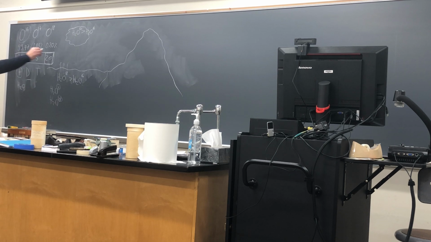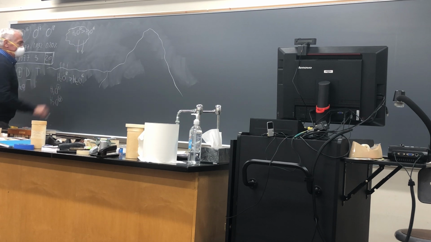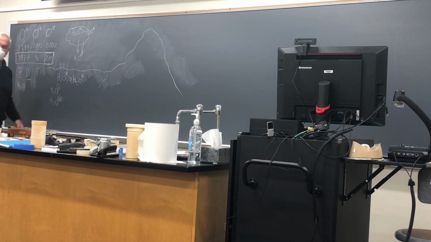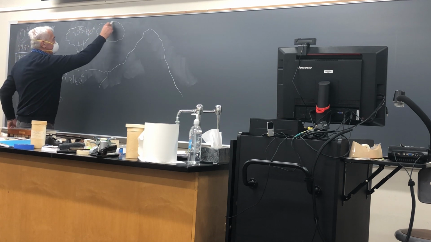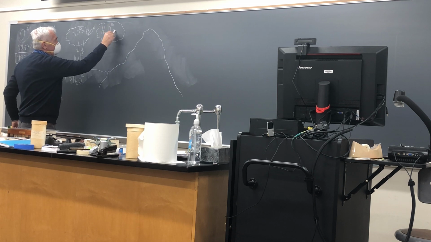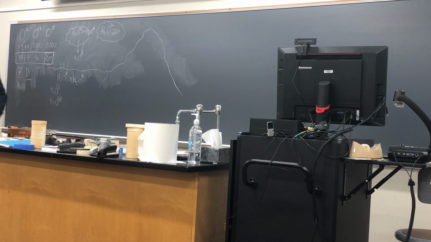So, in some of the rain that will come out of these clouds, we will have heavier oxygen water falling back to ocean, and the clouds will continue moving toward the land, now even more enriched in the lighter oxygen isotope than when the first rain started.